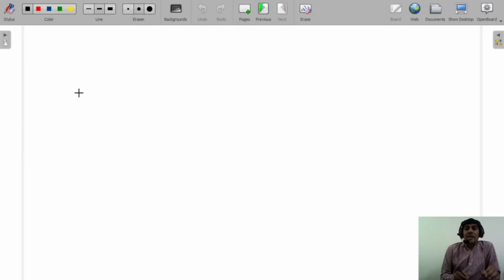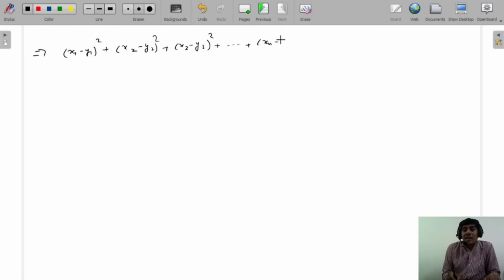We also know that the sum of non-negative values is also non-negative. This implies (x1 − y1)² + (x2 − y2)² + (x3 − y3)² + ... + (xn − yn)² ≥ 0.